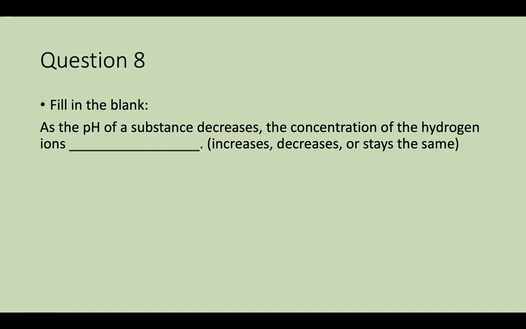So as a pH goes down, that means it's getting more acidic. That means the concentration of hydrogen ions is going up. So it's increasing. The pH and the hydrogen ion concentration go in opposite directions of each other. So make sure you have that relationship clearly understood.